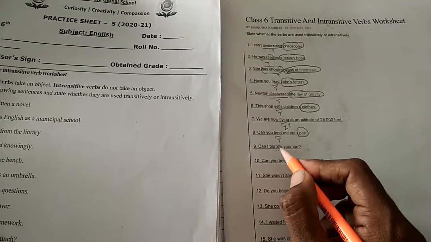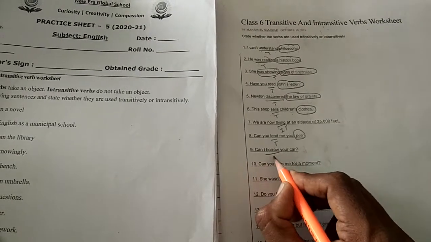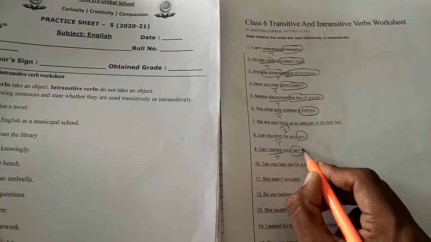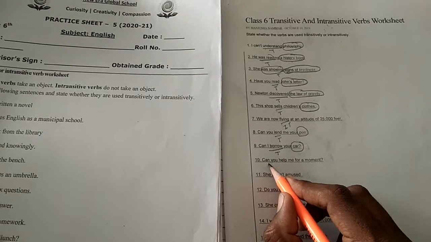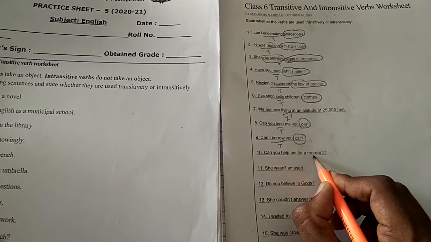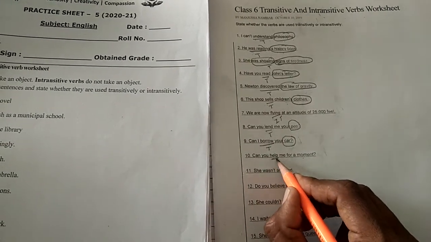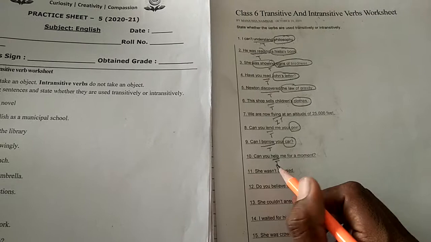Can I borrow your car? Here, borrow is the transitive verb and car is an object. Can you help me for a moment? Here, help is the transitive verb.